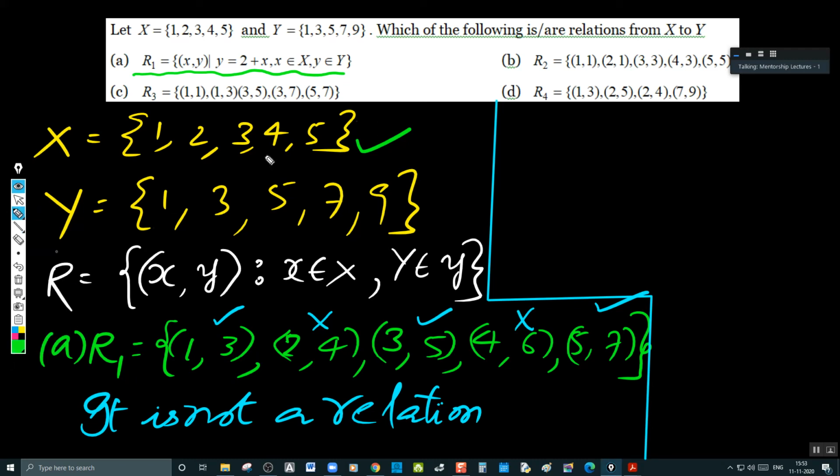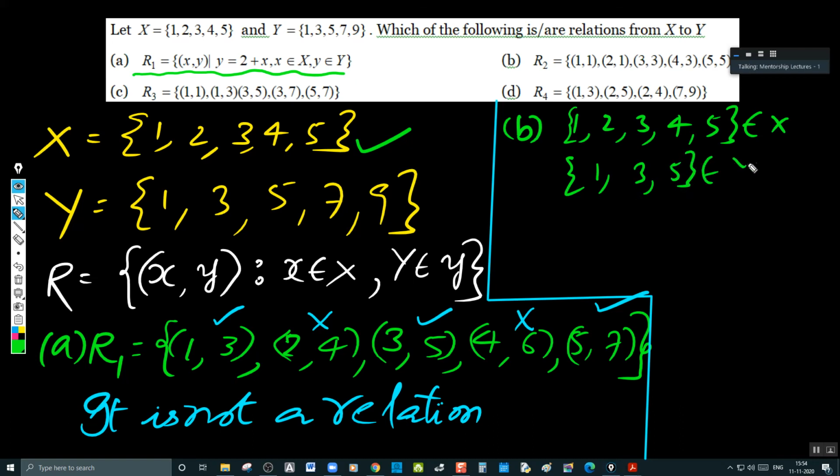B satisfies. 1, 2, 3, 4, 5 belong to capital X or not? Yes, sir, all the first elements belong to X. Next, for the second elements, 1, 3, 5, don't repeat 1, write 3 and 5 only once.